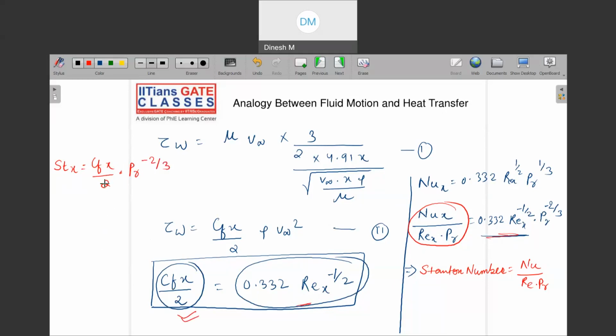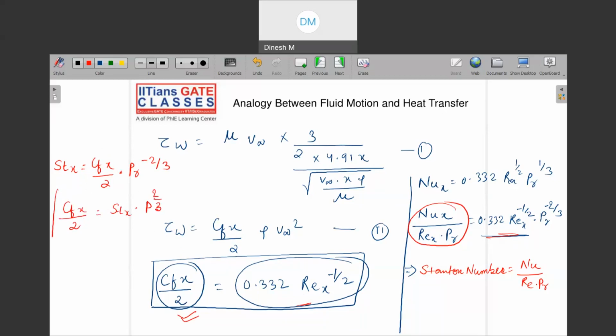So can I see now that I can see one relationship, like if I just know the drag coefficient or skin friction coefficient, I can know h even sometimes. So cfx upon 2 is equal to Stanton number at x multiplied by Prandtl number to the power 2 by 3.